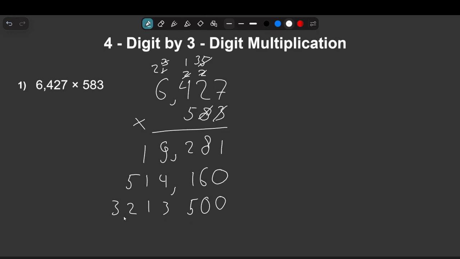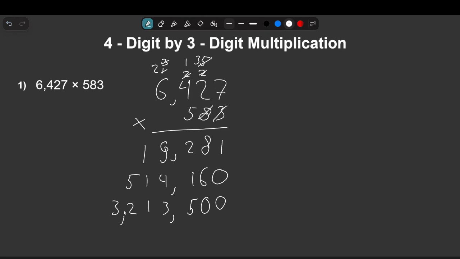Now we have 3,213,500. Now, as you can see, again, the commas are all lined up. This one isn't necessary, but I just like to put it there so I know it is a 3 million, and so you don't get confused.